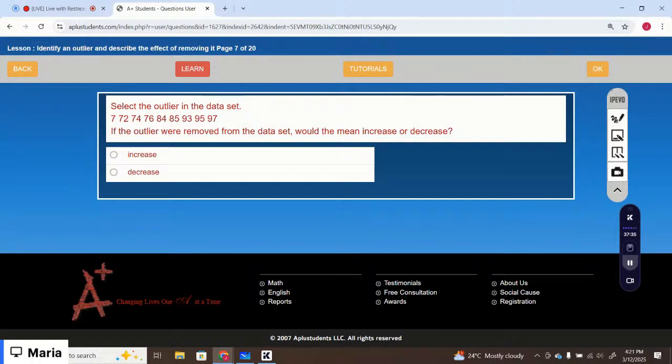So 7 is a smaller number. If you remove the 7, it will be increased. Option number 1 is the correct option.